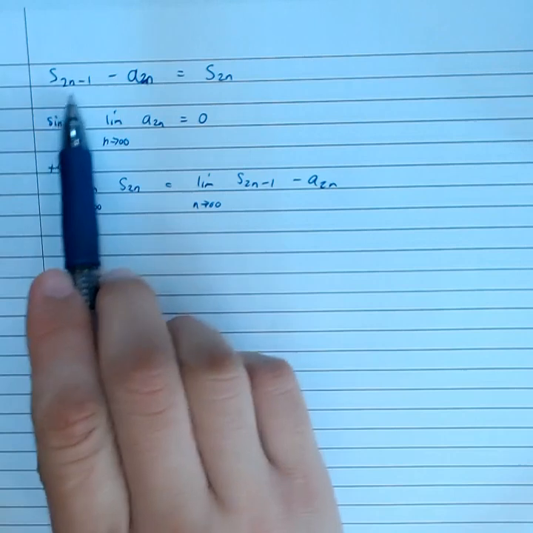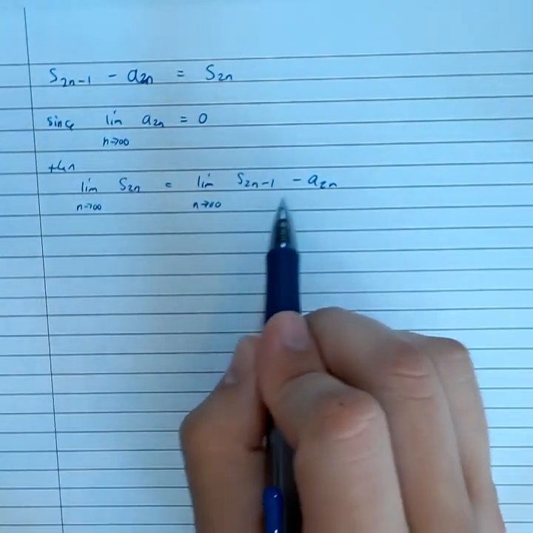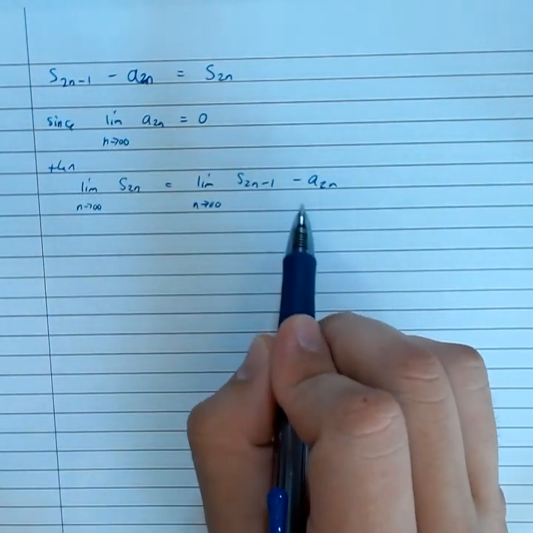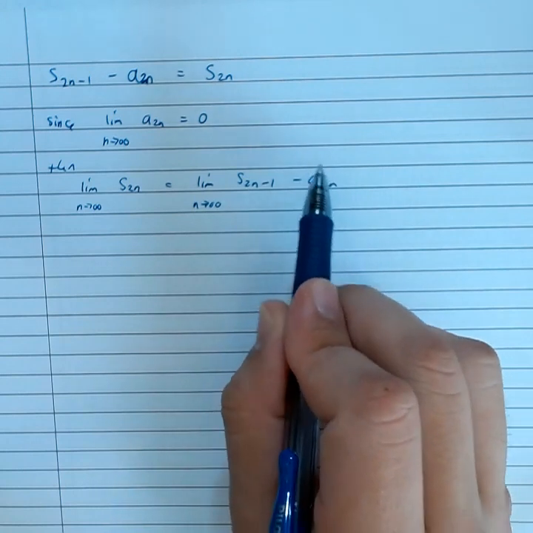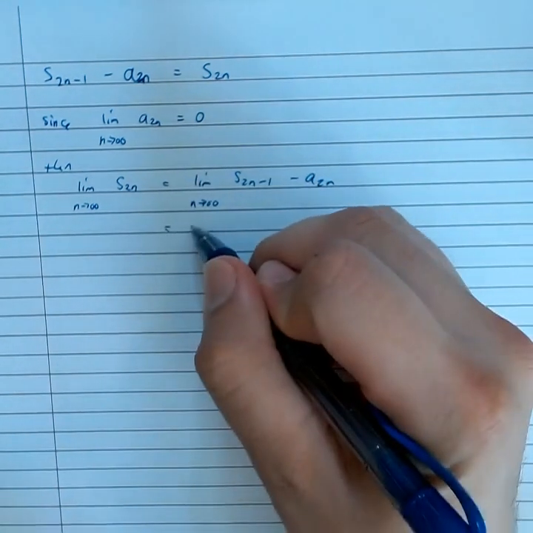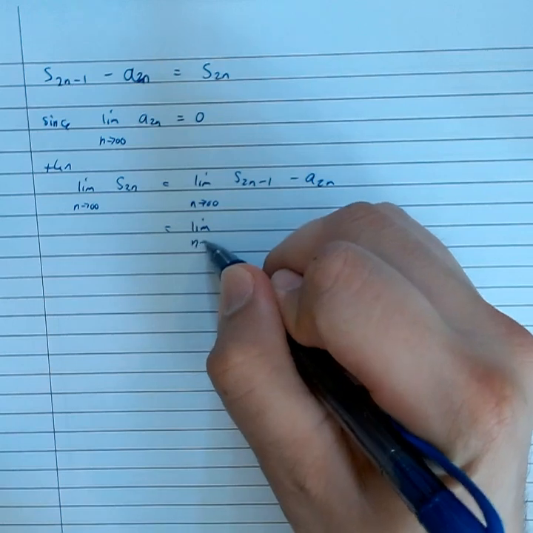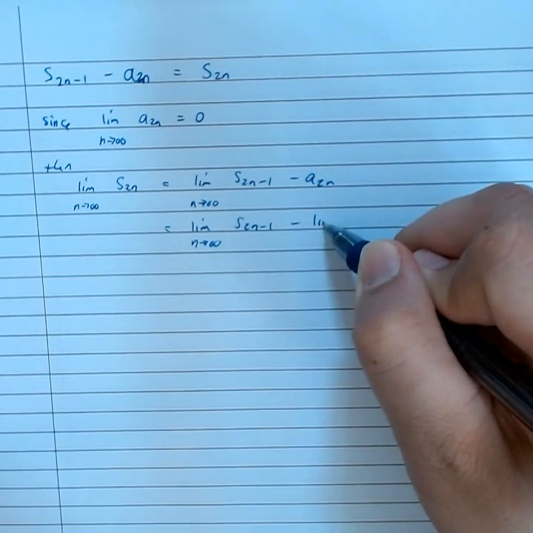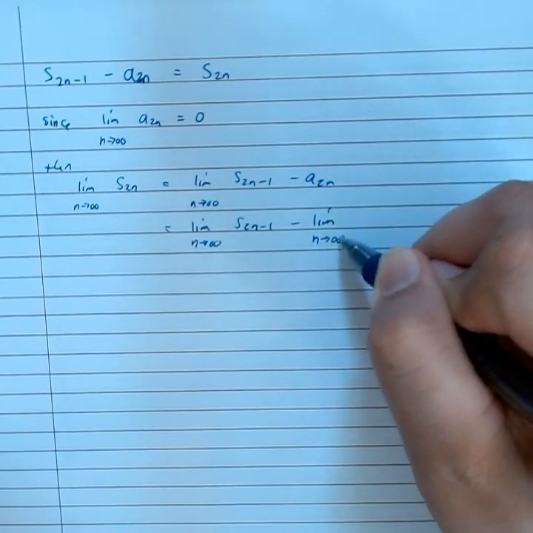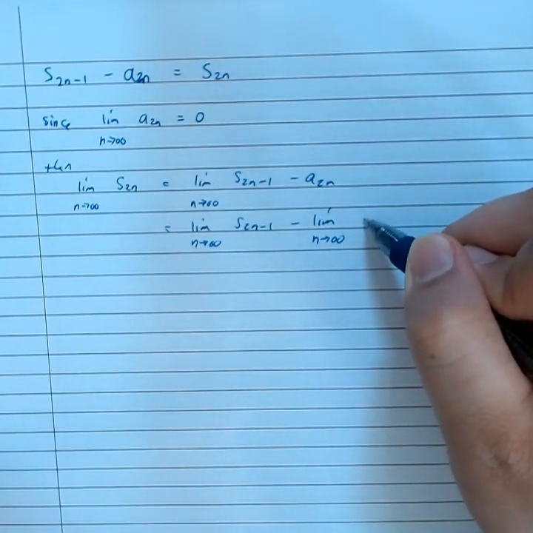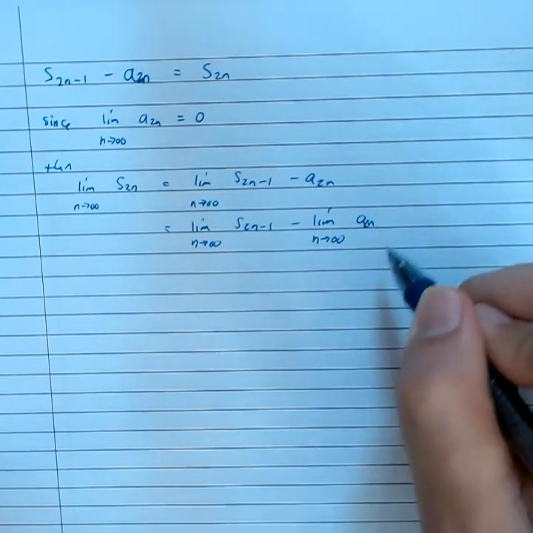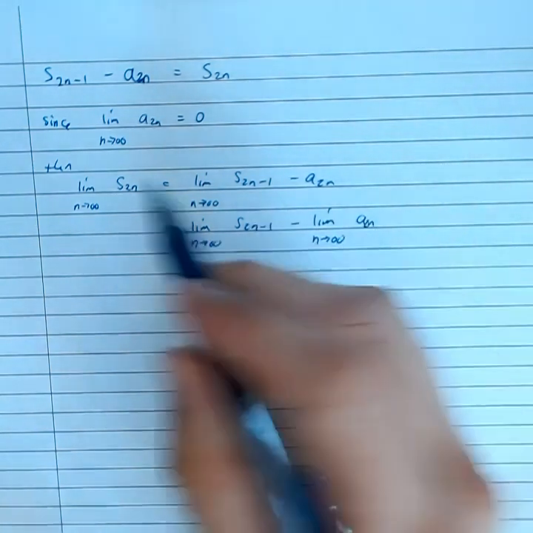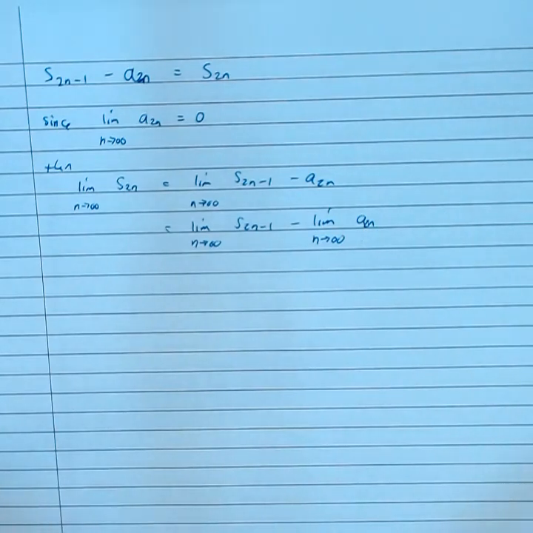But since this limit exists and is going to 0, we can write this as the limit as n approaches infinity of S sub 2n minus 1 minus the limit of A sub 2n, which, as we see, approaches 0.